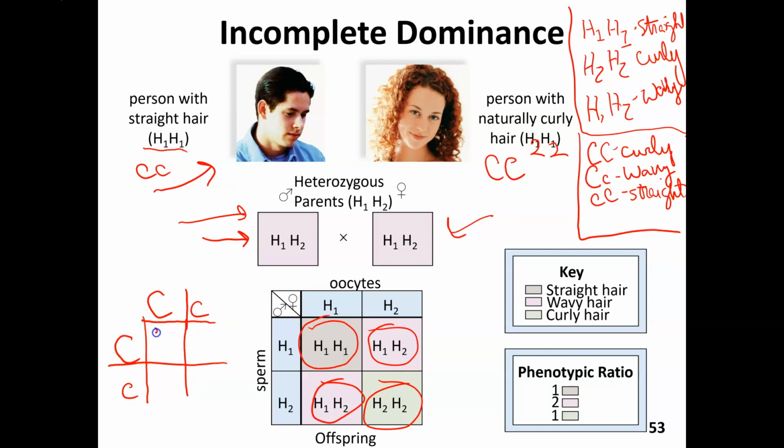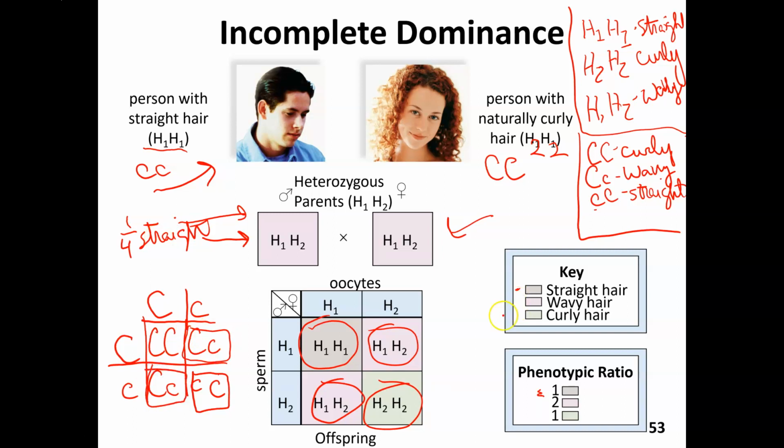Okay, so then again, you have big C, little c, big C, little c, right? So we still have that little c, little c is straight, so 1 out of 4 will be straight. So I'm going to put 1/4 are straight. Then I have big C, little c right here and right here.